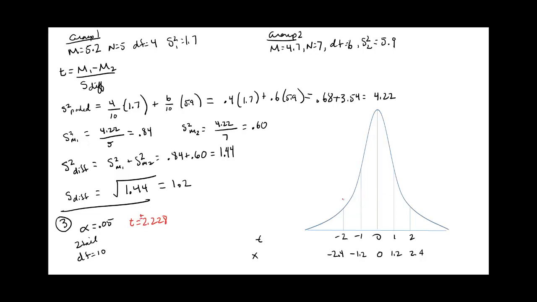So we're looking at a cutoff in this kind of area, 2.228, positive or negative, sorry about that. Or negative 2.228. So we're looking at a cutoff there. And we will reject the null hypothesis if it falls in either of those two. Otherwise, we fail to reject the null hypothesis.